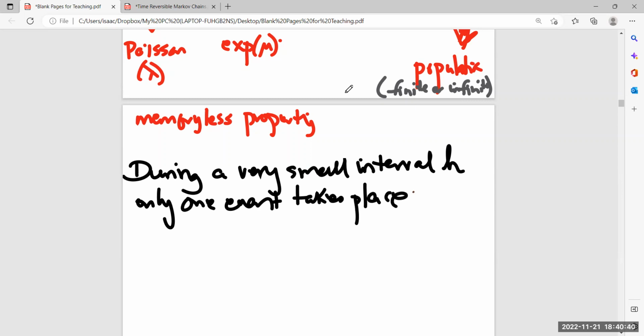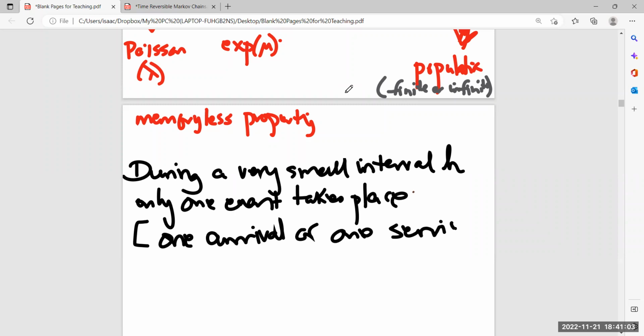That means something could either arrive, somebody could either arrive in the system, or somebody could leave the system, right? So one arrival or one service.